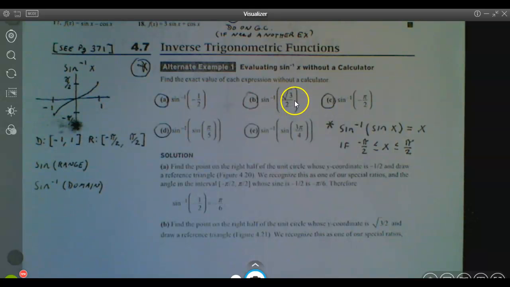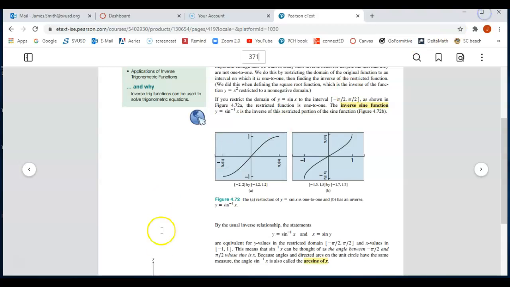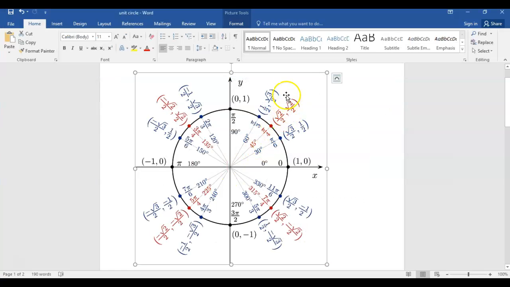What angle produces that value? If I put that into a calculator, it's going to give me this. Here's my sine ratio of rad 3 over 2. My calculator is going to work this direction from 0, and it's going to give me an answer of pi thirds if I'm in radians, or it would give me an answer of 60 if I was in degrees. That's the one my calculator would produce, and that would be my answer.